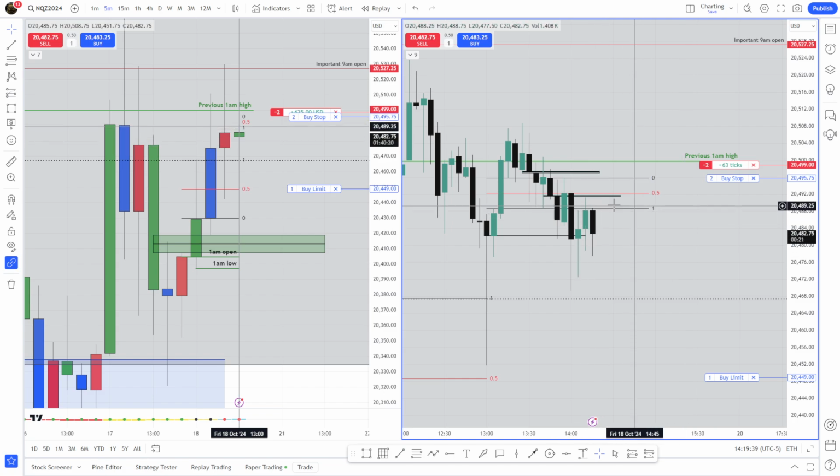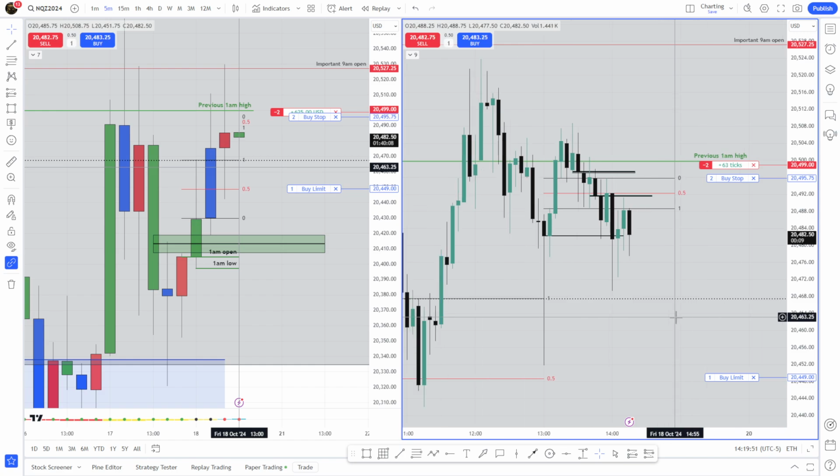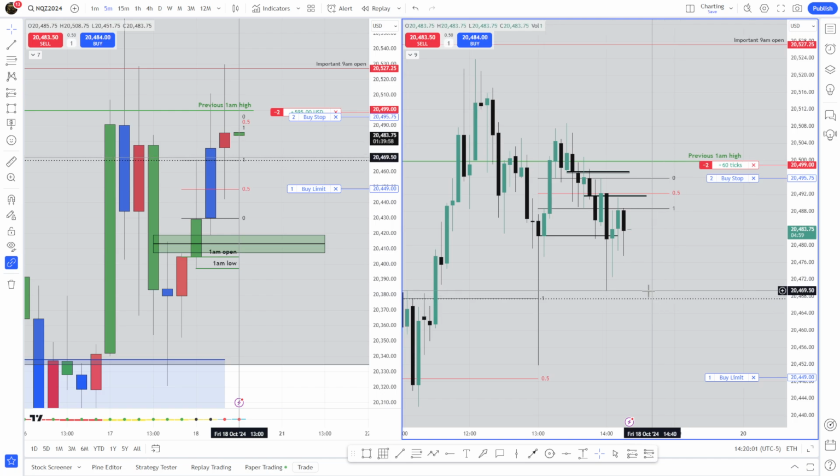At least we're holding this fair value gap inverse. This would have been sick if we just closed down here.